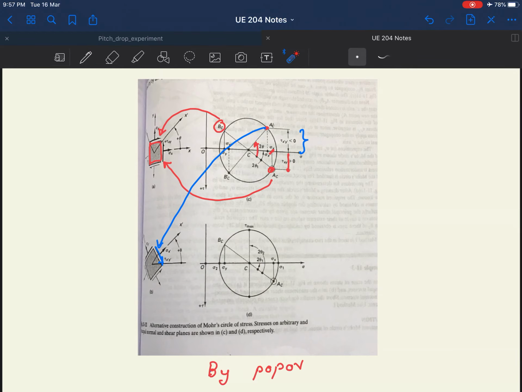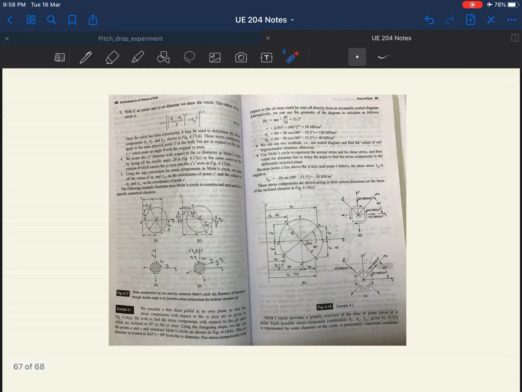Similarly, for this particular point, you can look at it. The reason this convention is important for us is that the book follows this convention. There are certain example problems in the book which are very good problems to go with, and you should take a look at those problems.